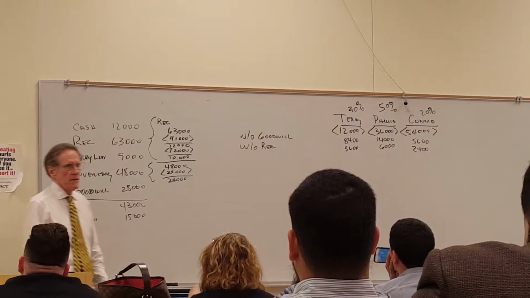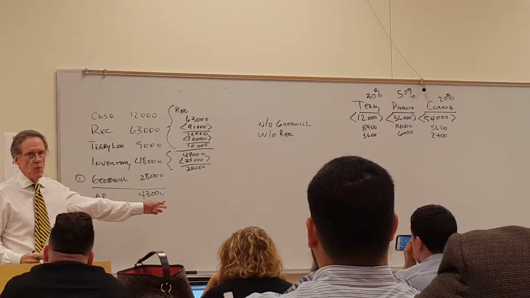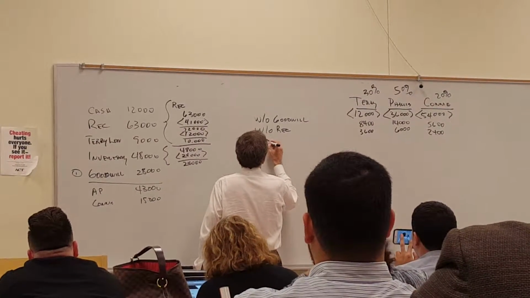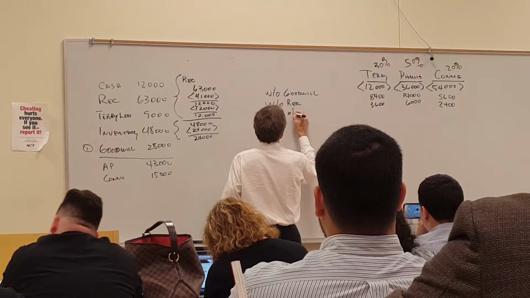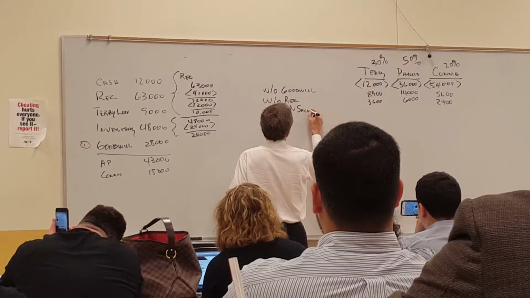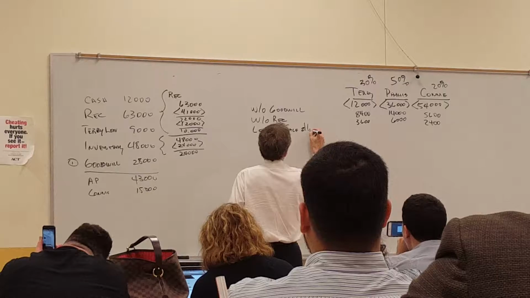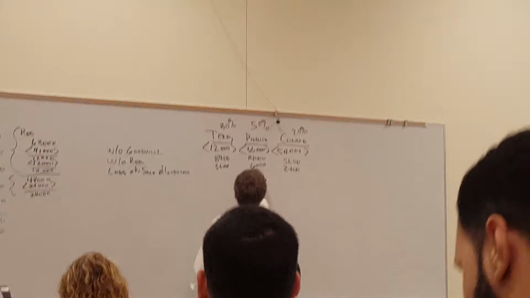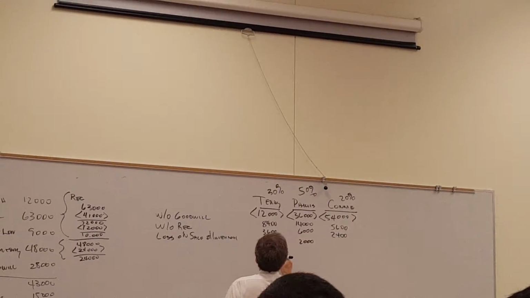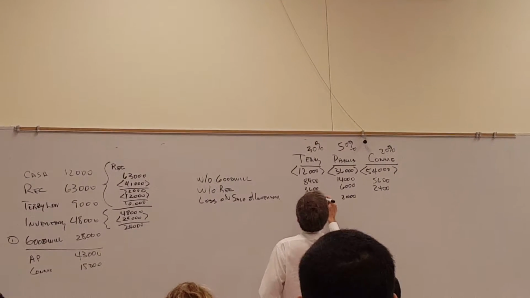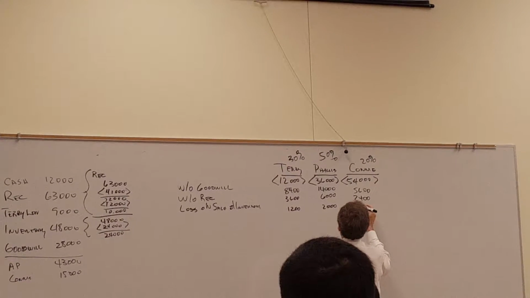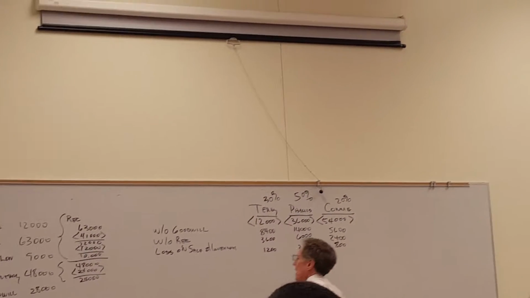Now, when we sold the inventory, we lost $4,000. So we have the loss on sale of inventory. And that loss of $4,000, half of it goes to Phyllis, which is $2,000. $1,200 goes to Terry, and $800 goes to Connie.